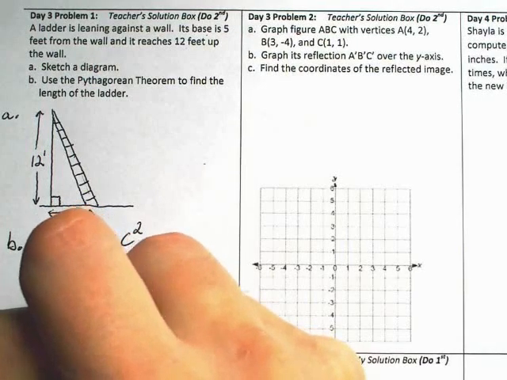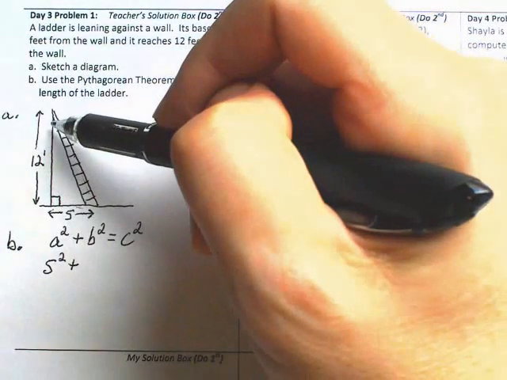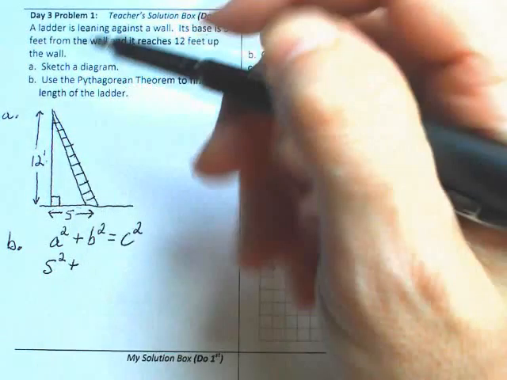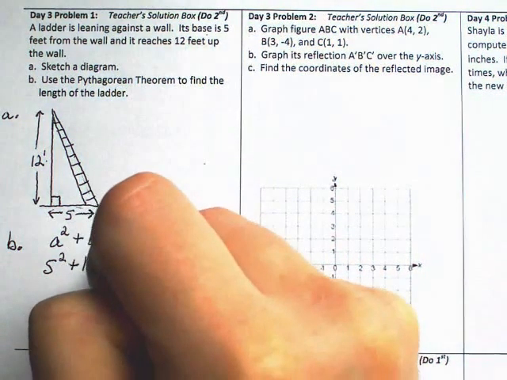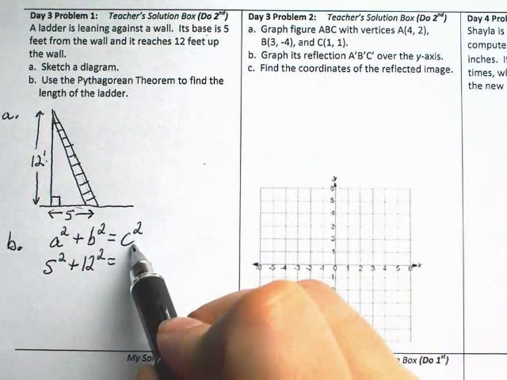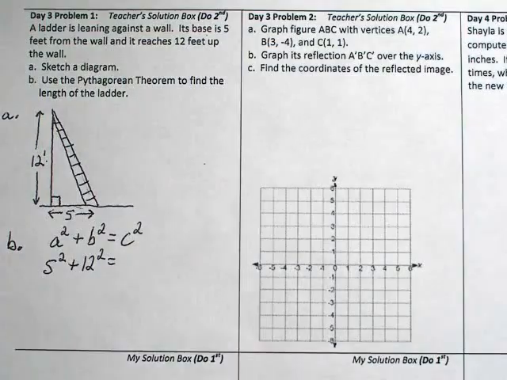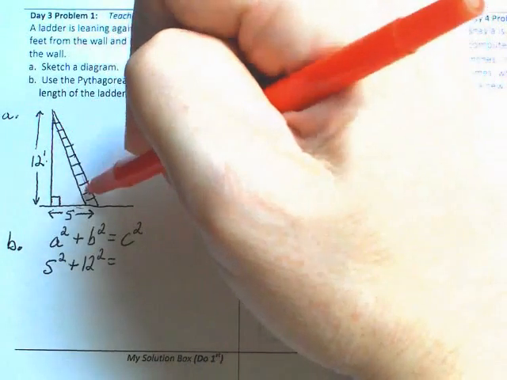Now the letter B is the other leg of any right triangle, and in this right triangle it is this side here, the side with 12 feet on it. So for the letter B I can fill in 12. The letter C is the hypotenuse of the right triangle, and the hypotenuse is its longest side.